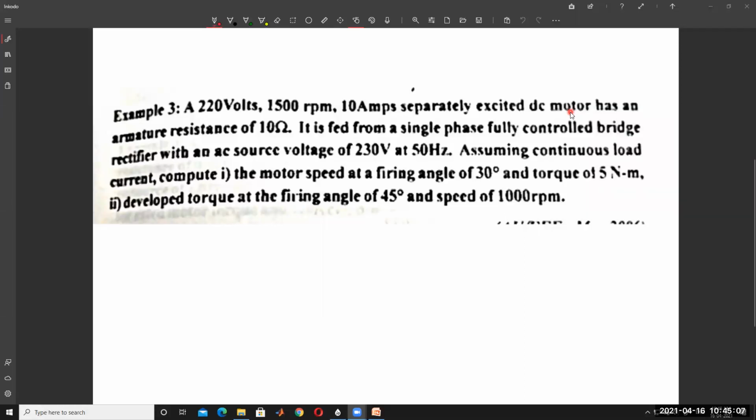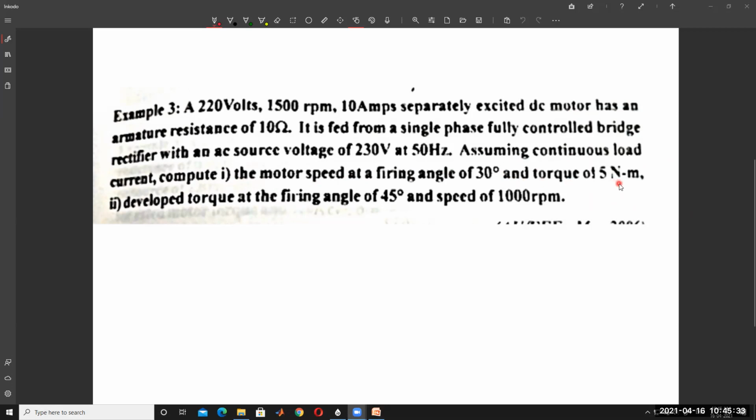Assuming continuous load current, compute first: the motor speed at a firing angle of 30 degrees and a torque of 5 Newton meters.